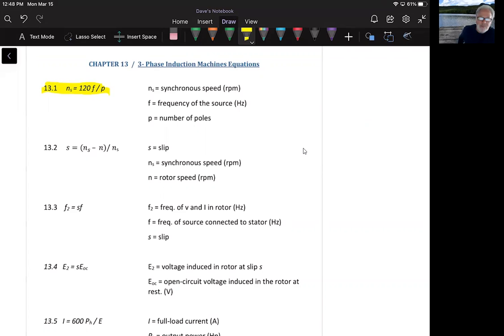That allows us to work problems such as example 13.1, which says: calculate the synchronous speed, N sub S, of a three-phase induction motor that has 20 poles and is connected to a 50 hertz source. So we jump right into one that is not 60 hertz.